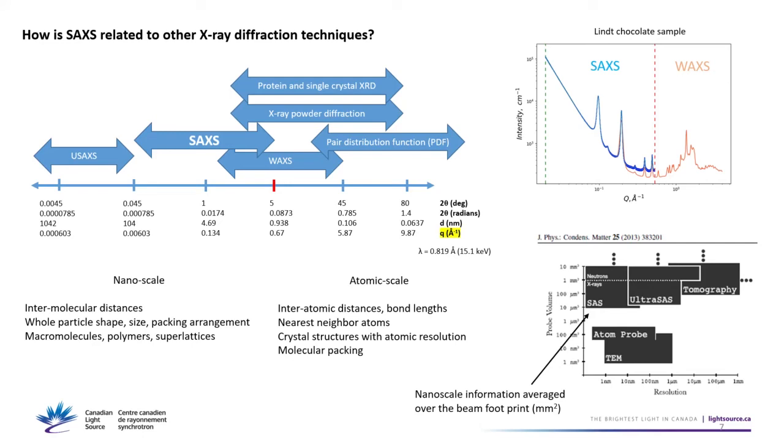The size range that SAXS is sensitive to is in the range of microscopy like TEM or scanning transmission X-ray microscopy. But you don't have this really small field of view with SAXS. You're averaging over the whole beam footprint. So you're averaging a relatively huge volume compared to what you can see with these other microscopy techniques.